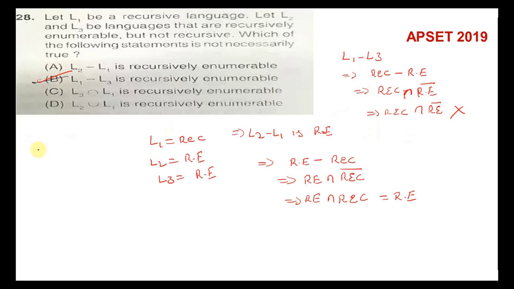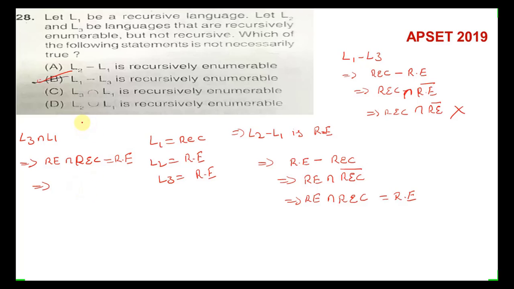Now observe the third one, L3 intersection L1. L3 is recursively enumerable and L1 is recursive. The intersection of a recursively enumerable language with a recursive language is recursively enumerable, since both are closed under intersection.